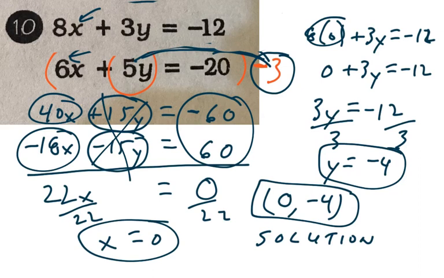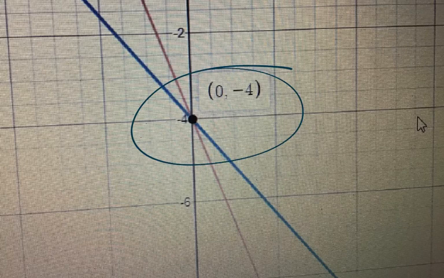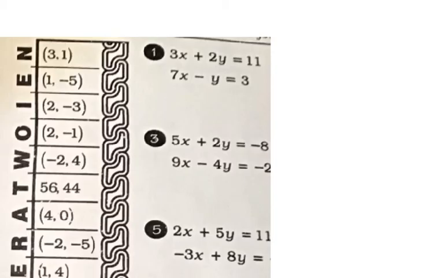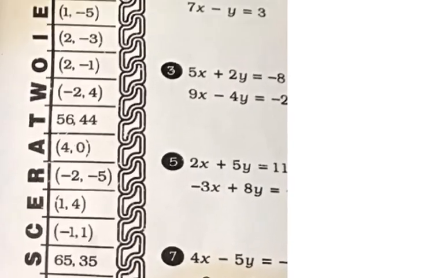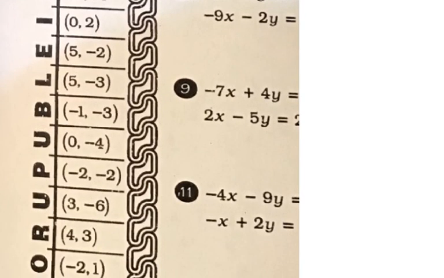Pause the video here if you really need to. And so notice there's your proof that it's right. As you can see, the lines cross at 0, negative 4. Now, I just want to remind you guys, do the puzzle. How the puzzle works on this side is you just go to your left margin there. See all these answers over here? In this case, we just got 0, negative 4 right here, right?